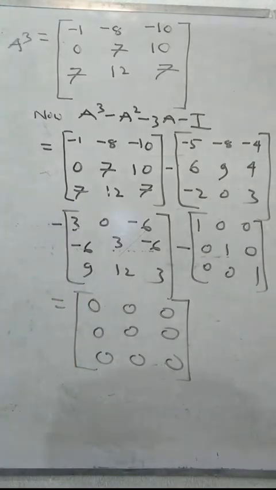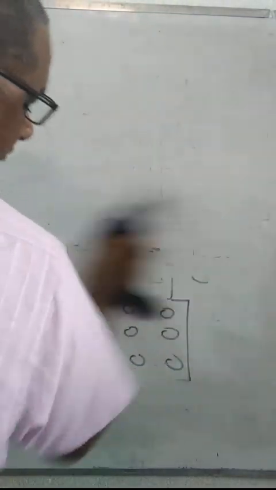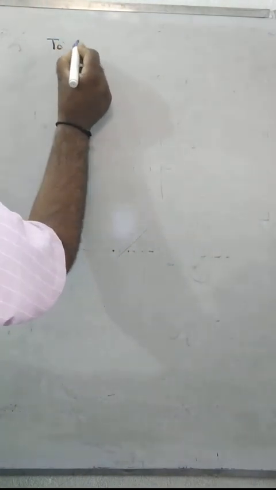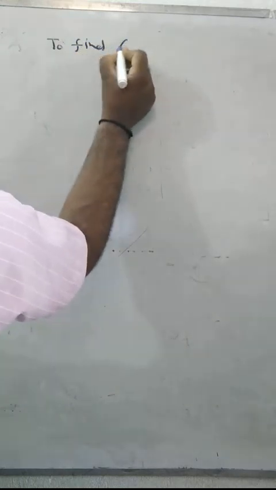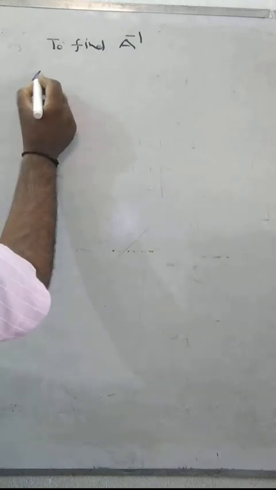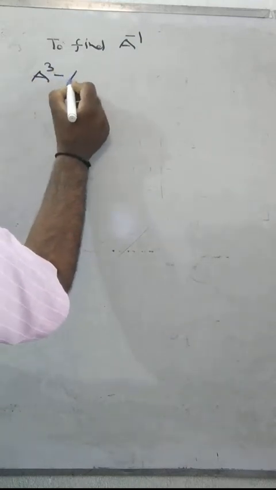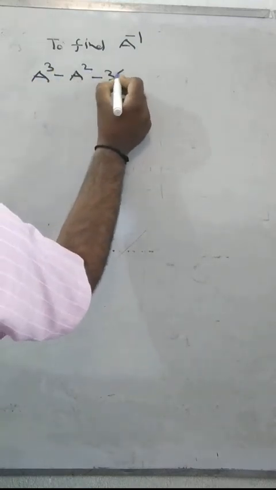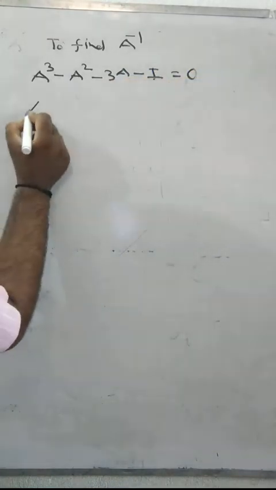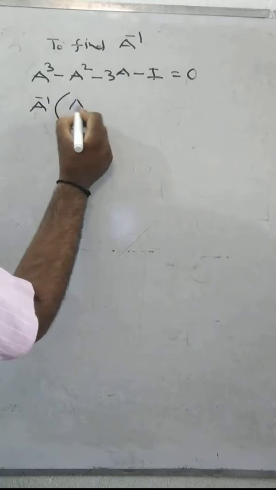Now, how to find A inverse? Coming to the second part of the question. To find A inverse, the given equation is A cube minus A square minus 3A minus I is equal to the zero matrix. Multiply by A inverse on both sides.